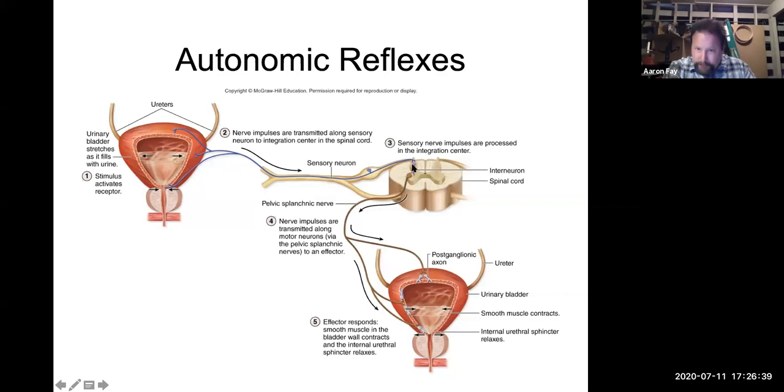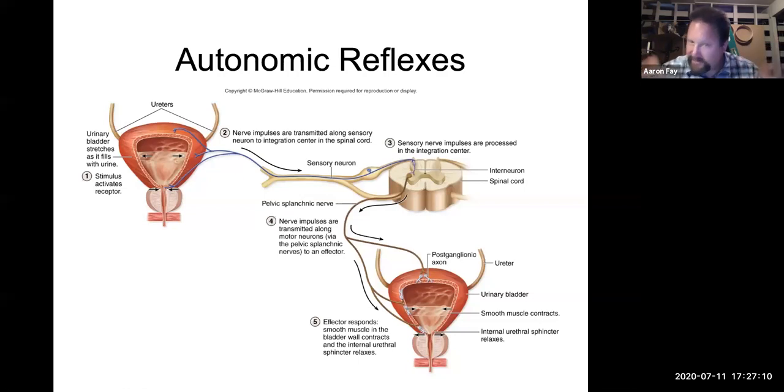Now, our interneuron will then synapse with the cell body of a preganglionic neuron housed in the lateral gray horn. Its axon projects out the anterior root. In this particular example it goes through the splanchnic nerve pathway. Right? That myelinated preganglionic axon is going to travel all the way to its target organ, because this is a splanchnic pathway.